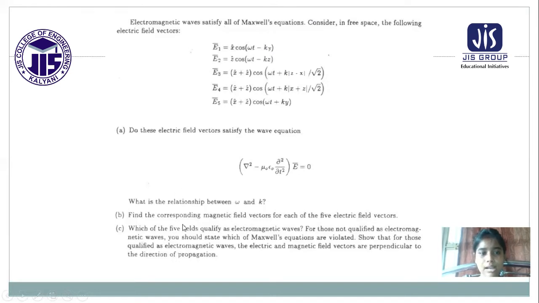So these are the electromagnetic waves that satisfy the wave equation, now with Maxwell's equations.